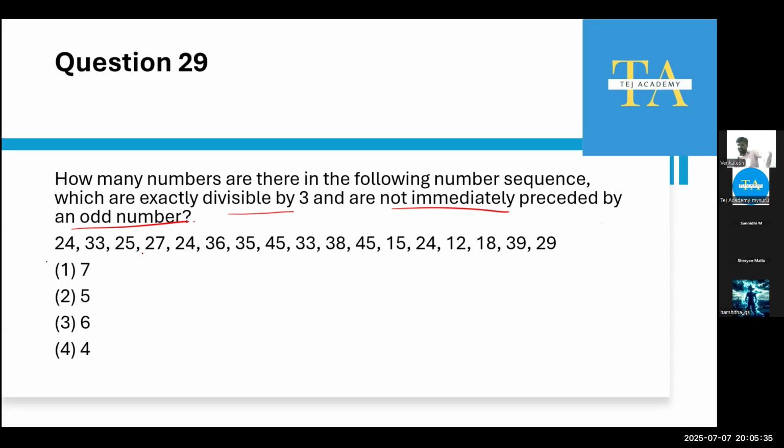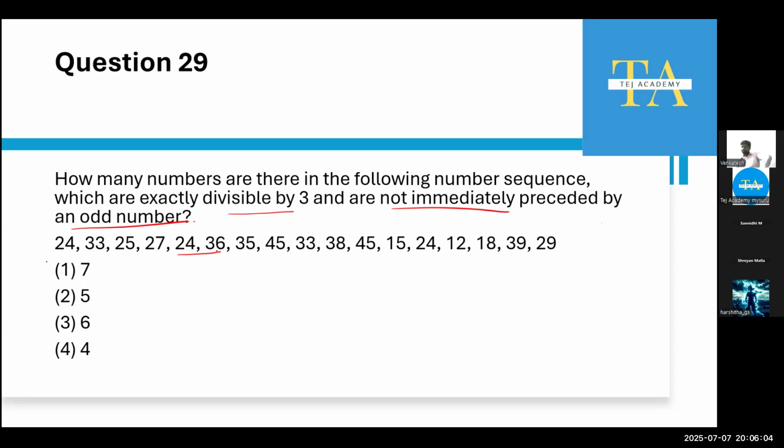Next, 25, 27, so it won't be divisible. Next, 24, 36. As you see, 24 is divisible by 3 and 36 is not an odd number. This is one pair. Next, another pair: 45 and 33. 45 is divisible by 3, but 33 is an odd number.